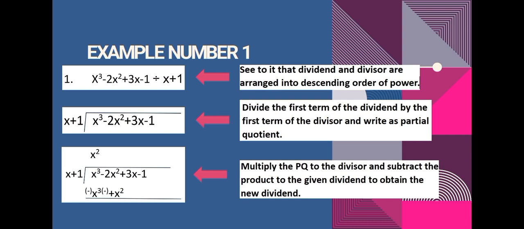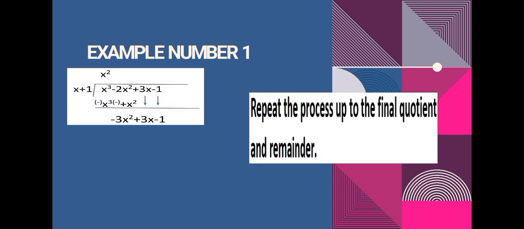So x cubed minus x cubed is equal to 0, and negative 2x squared minus x squared is equal to negative 3x squared. Now let's bring down the 3x and negative 1. Now we have our new dividend.